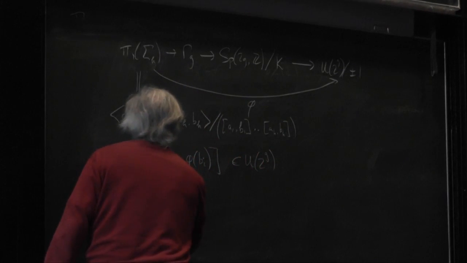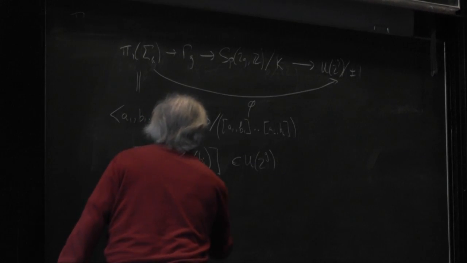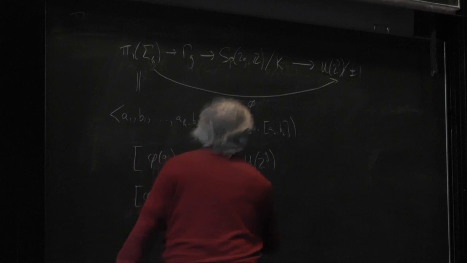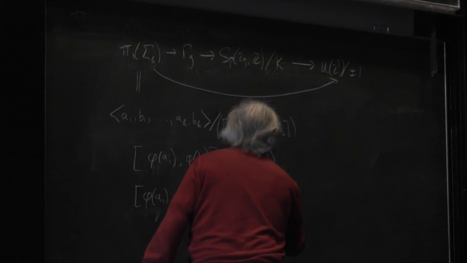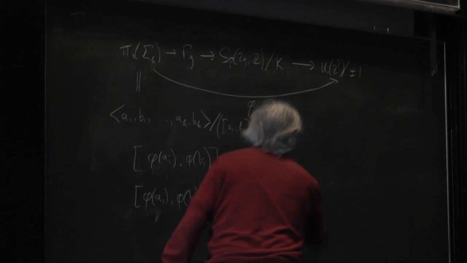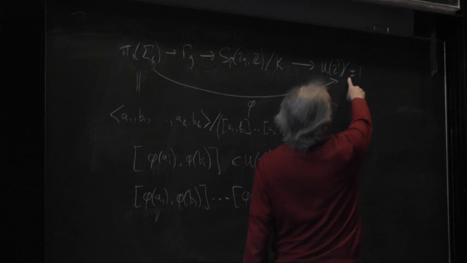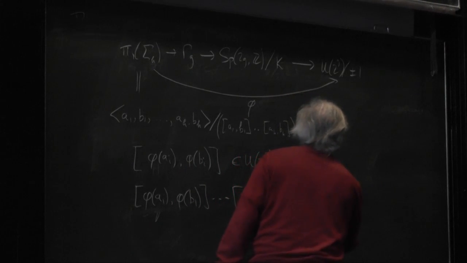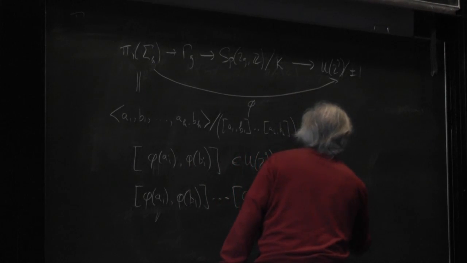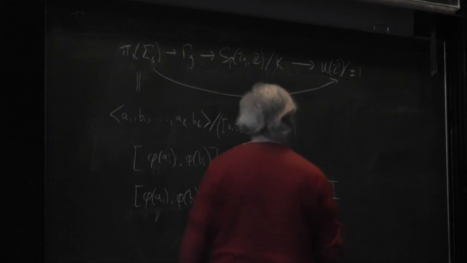And if I take the product of these things, the product was supposed to go to 1 in the quotient group, but the answer has to be either plus or minus the identity element here.